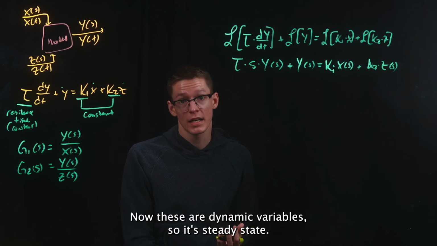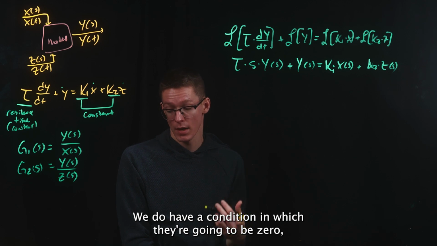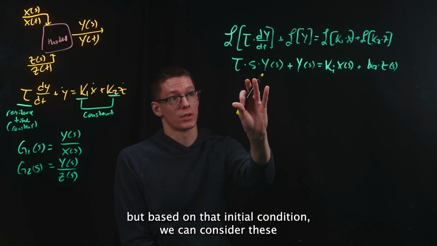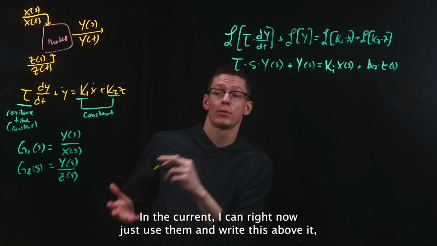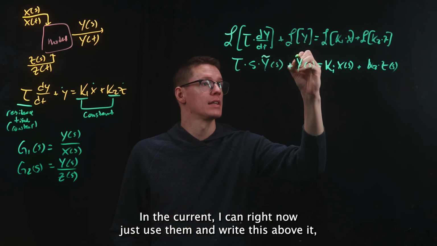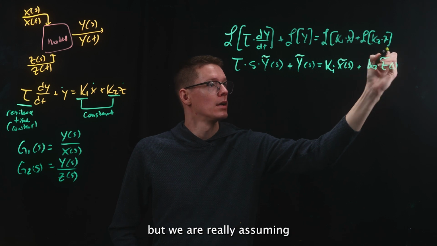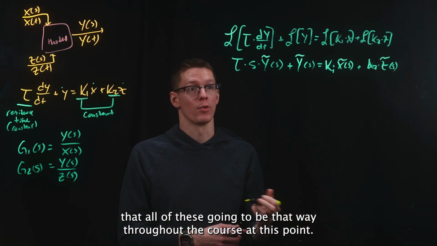Now these are dynamic variables, so at steady state we do have a condition in which they're going to be 0, but based on that initial condition, we can consider these to be in dynamic terms. From the previous example and the current, I can right now just use them and write this above it, but we are really assuming that all these are going to be that way throughout the course at this point.